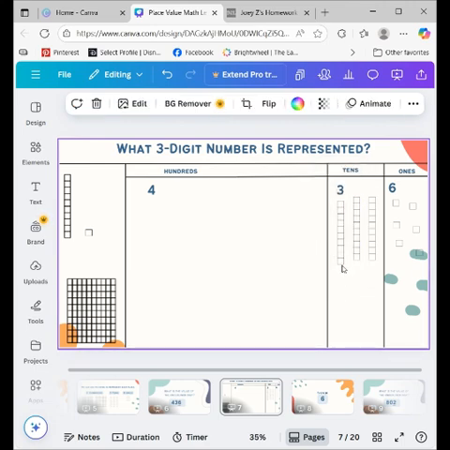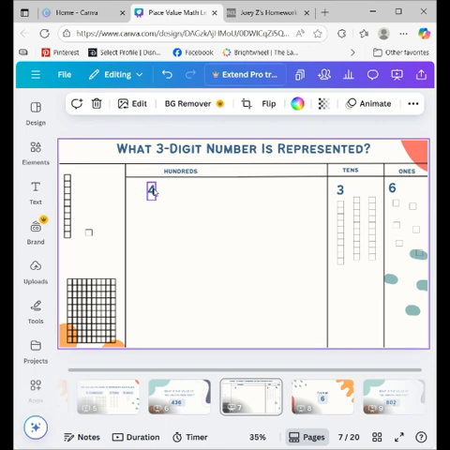So number 1 would be 10. Number 2 would be 20. Number 3 would be 30. This is correct because it's in the tens place. And so 3 represents 30.